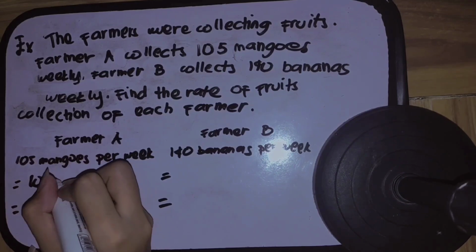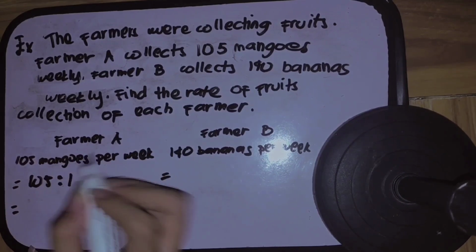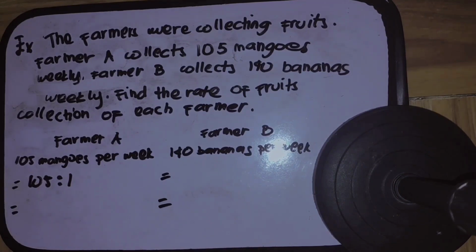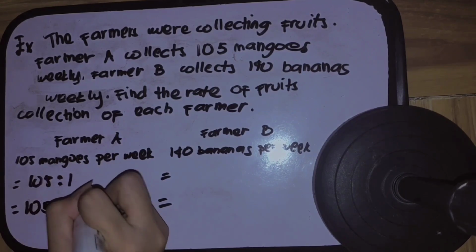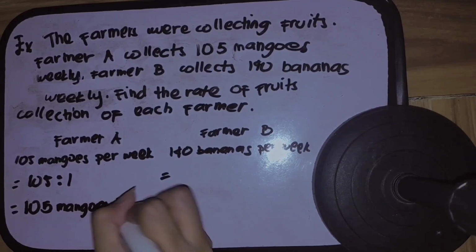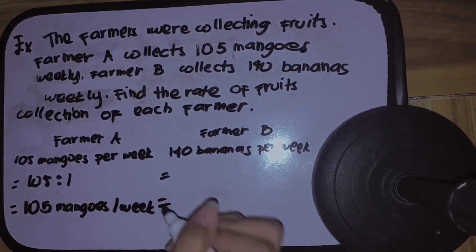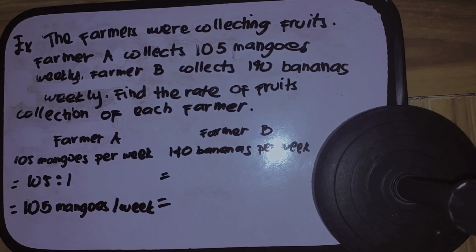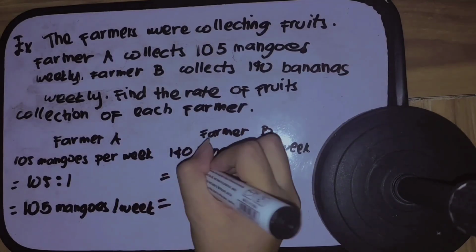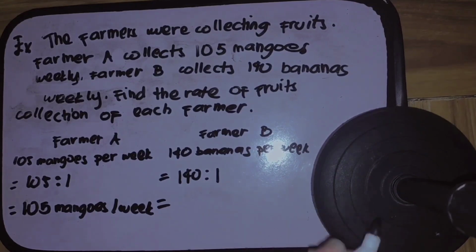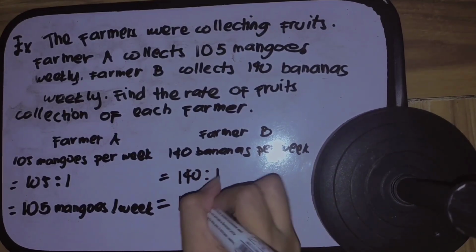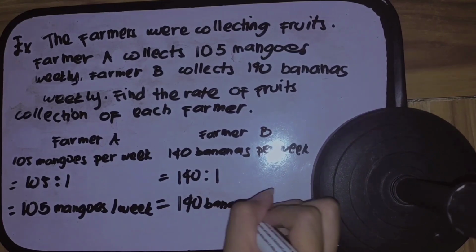105 mangoes per week. 105 to 1. Farmer B, 140 bananas per week. 140 to 1.